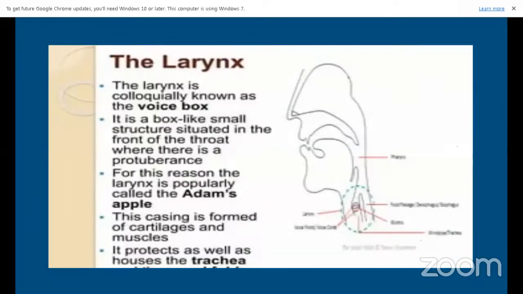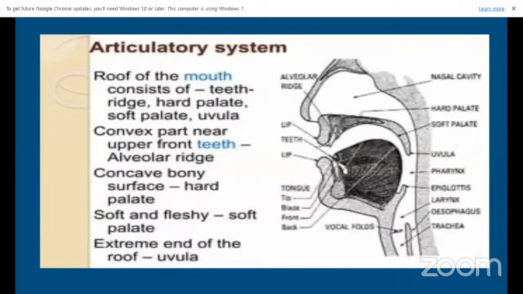Now, the larynx is the vocal box, the voice box, and it is also called the Adam's apple. This is the articulatory system, the mouth, the roof of the mouth, which consists of teeth and a ridge, and that ridge is called the alveolar ridge. Please remember.